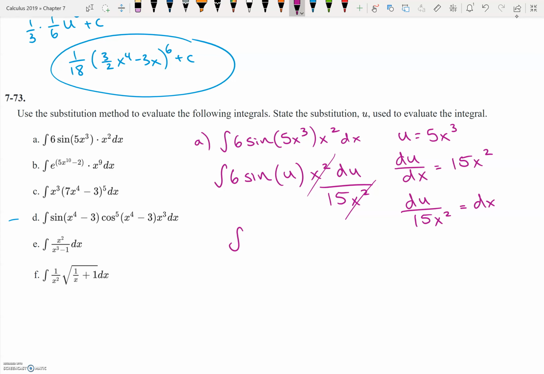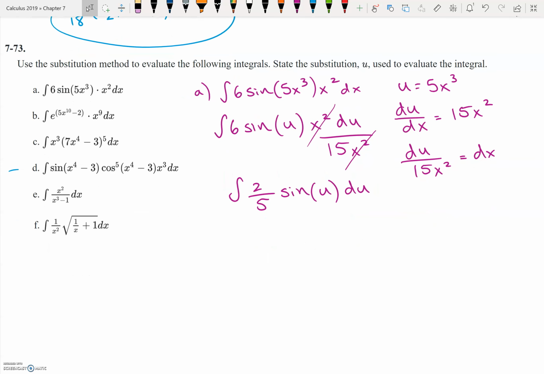Both are divisible by 3, so this is 2 over 5. The antiderivative of sine is cosine, but we need to have a negative cosine turns into positive sine. So this is going to be negative 2/5 cosine of 5x cubed plus c.